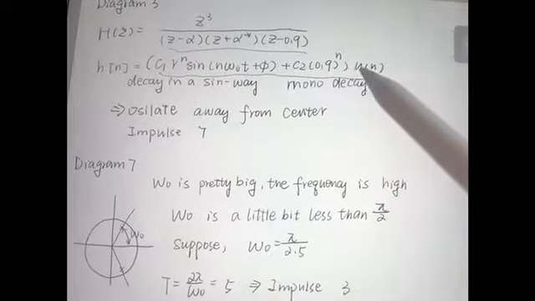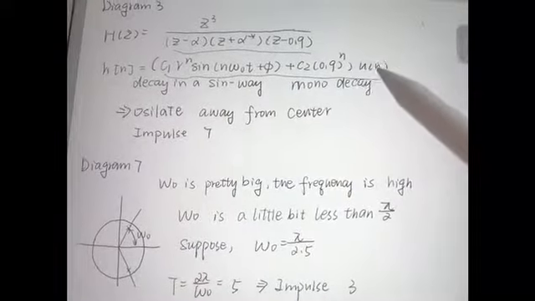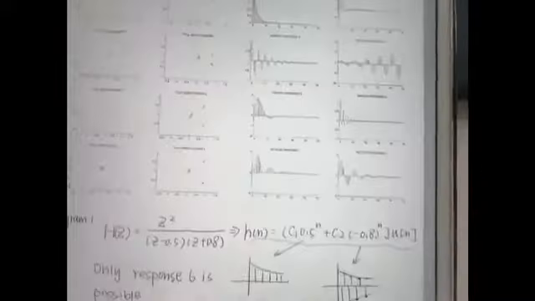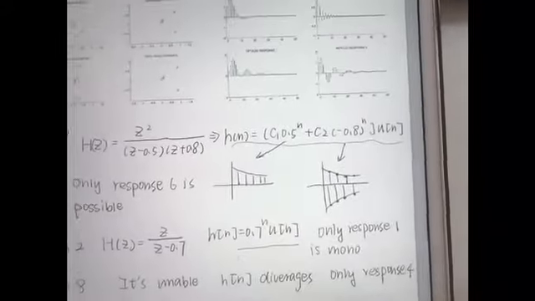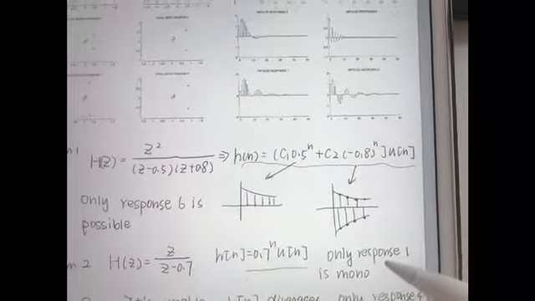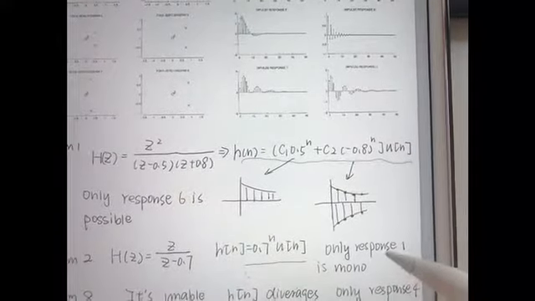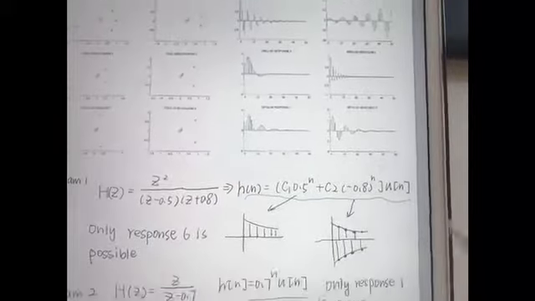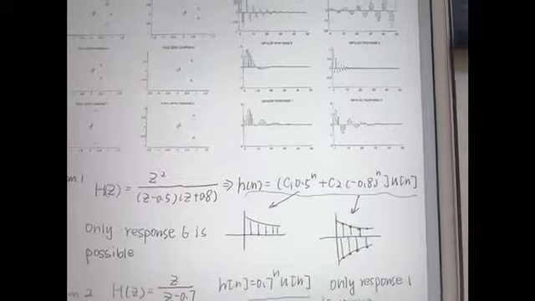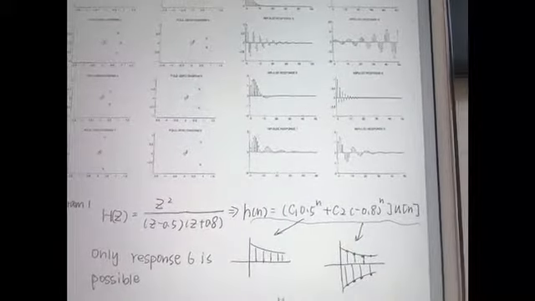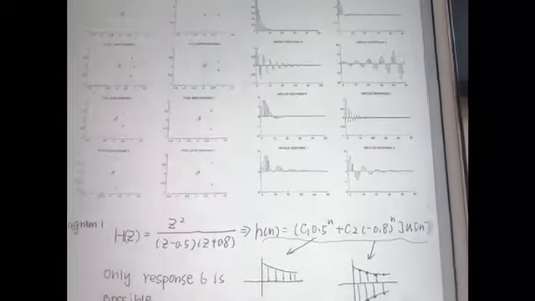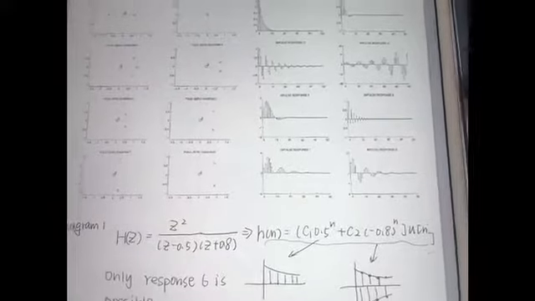And the second part is like diagram 2. It will also be monotonically decreasing. Just remember, the first part makes the response oscillating.